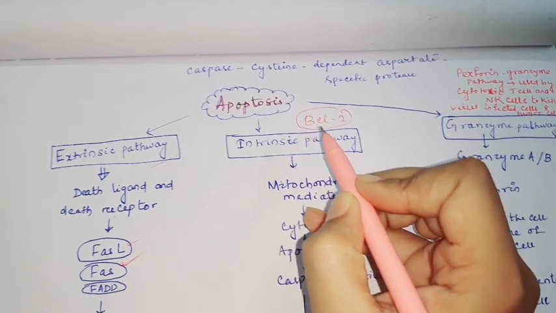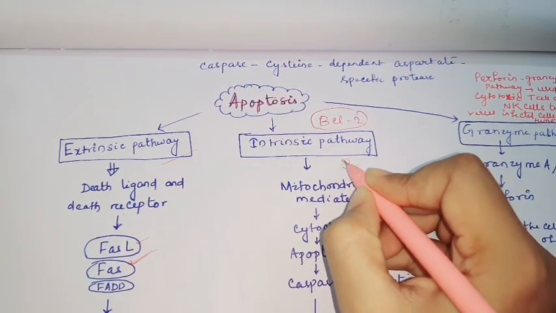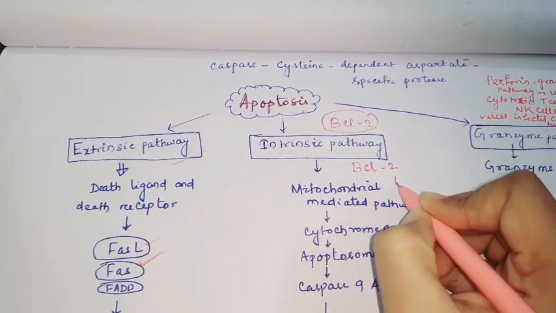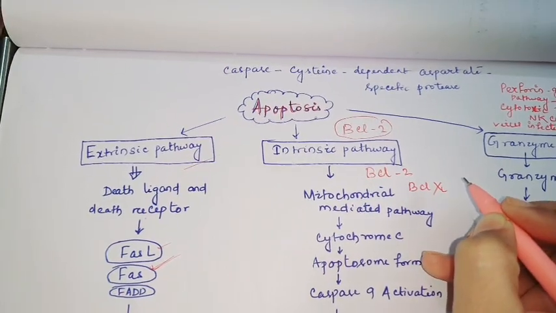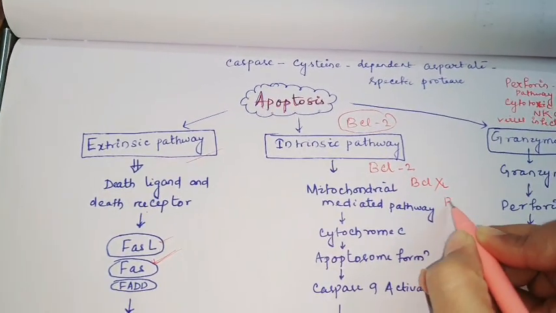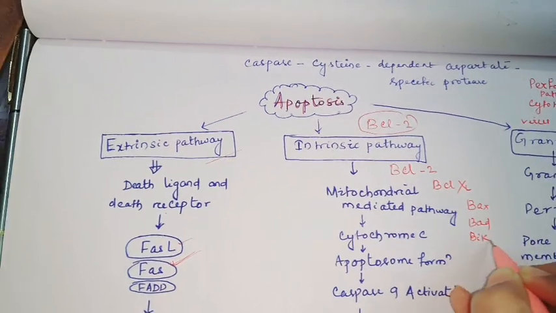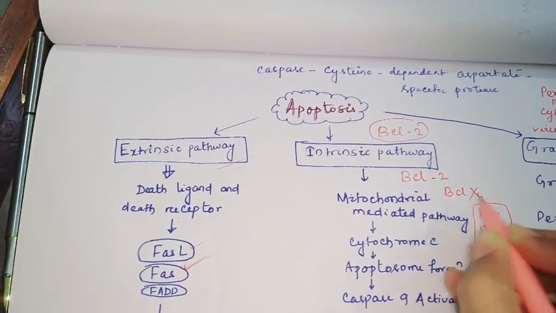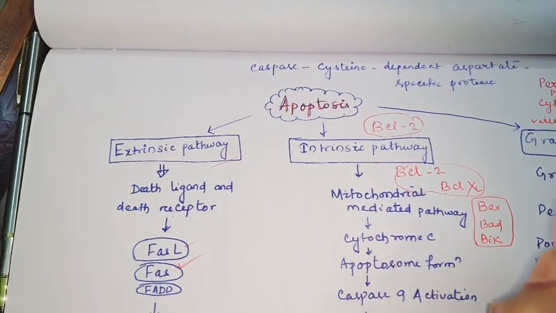So anti-apoptotic members include BCL2 or BCLXL. Okay, and pro-apoptotic members are BAX, BAD and BIK. So you have to remember these family member proteins. Okay.